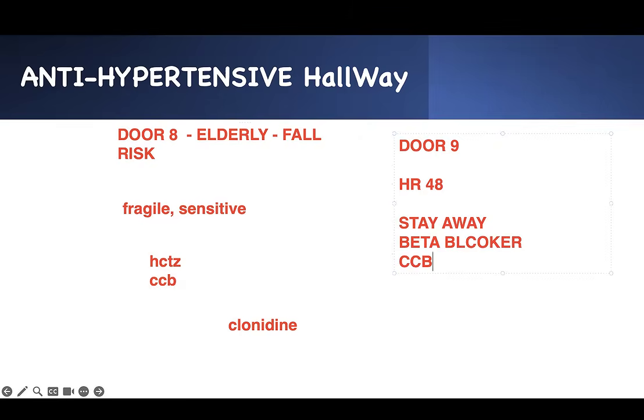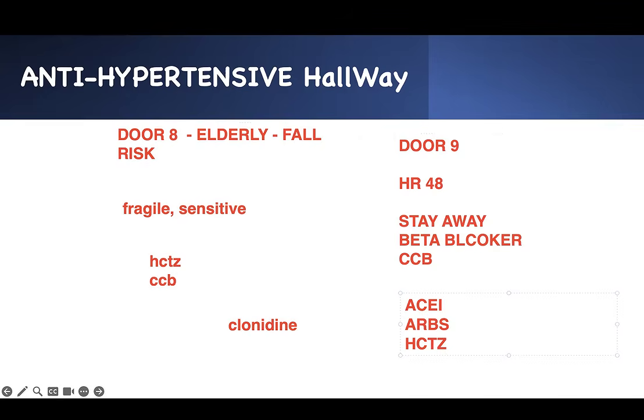Stay away from calcium channel blockers, that means Verapamil or Diltiazem. This is going to slow them down. Your best choice to give to this patient is ACE inhibitors, ARBs. Hydrochlorothiazide does not drop what? Your heart rate. These are very, very important, and these are medications you have to pay attention to.